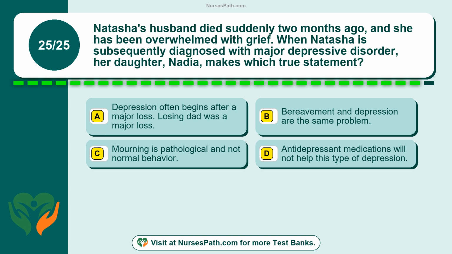Question 25. Natasha's husband died suddenly 2 months ago, and she has been overwhelmed with grief. When Natasha is subsequently diagnosed with major depressive disorder, her daughter, Nadia, makes which true statement? Option A. Depression often begins after a major loss. Losing dad was a major loss. Option B. Bereavement and depression are the same problem. Option C. Mourning is pathological and not normal behavior.